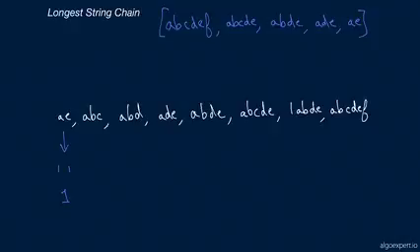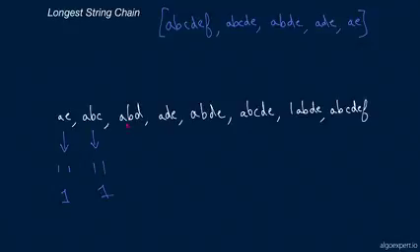Okay, try removing B. Now we have AC. AC is not here. Okay, try removing C. We have AB. AB is not here. We're going to erase this, and we're going to say, okay, ABC, the longest string chain that starts with ABC is of length 1, and the next string after ABC is the empty string because there is no string after ABC.